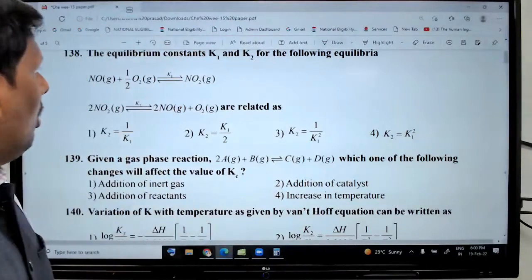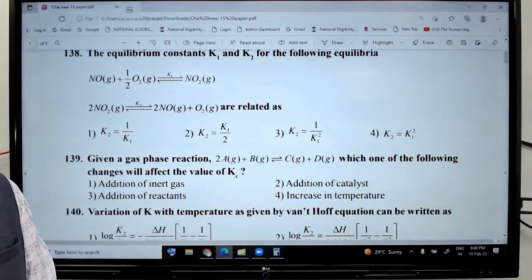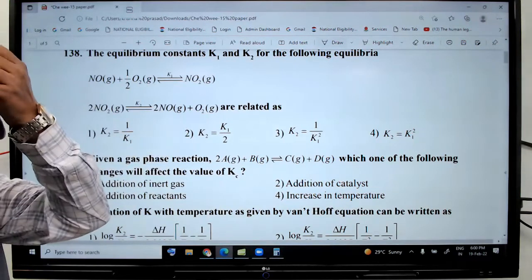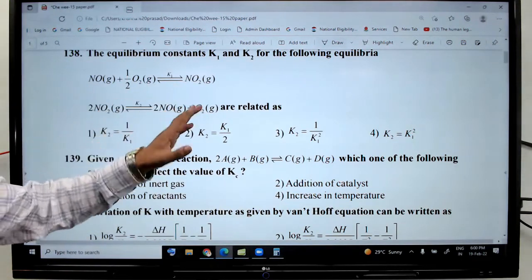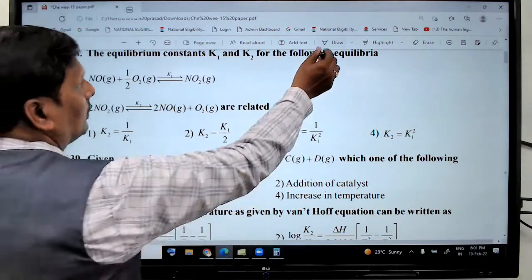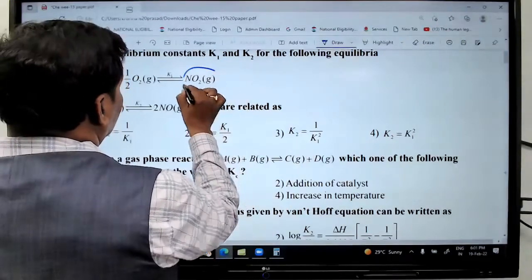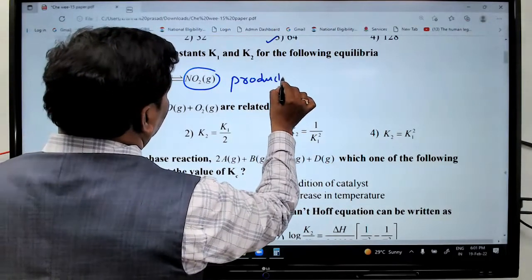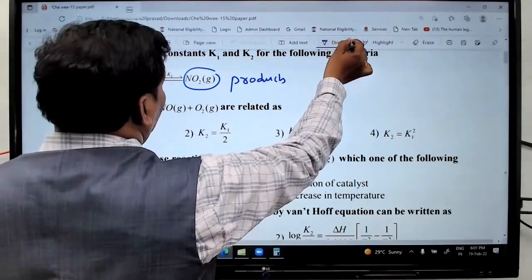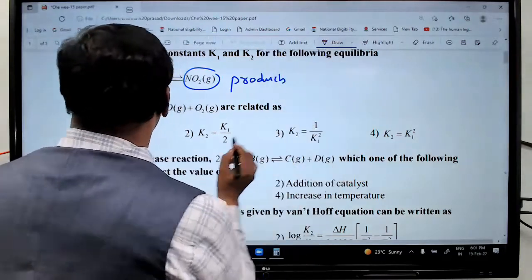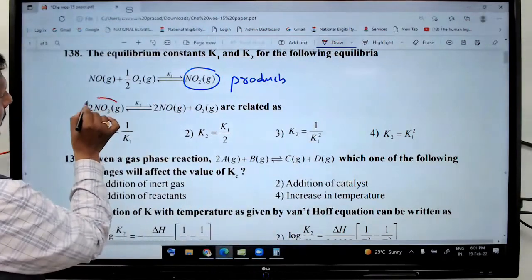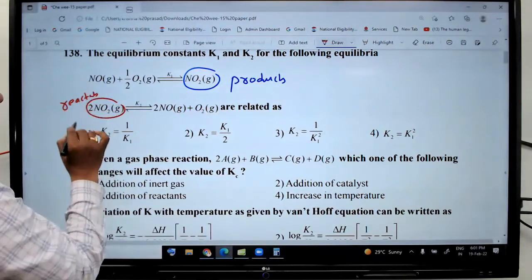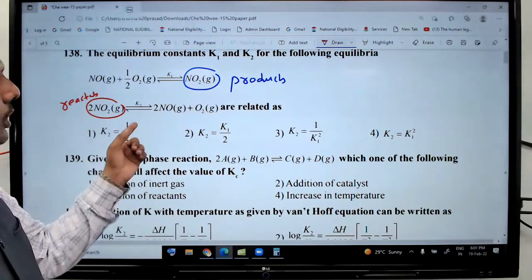Next. Question number 138. So this is our required equation. In the given equation, NO2 is in the products, whereas in our required equation, NO2 is a reactant. That too, here 1 mole of NO2, here 2 moles of NO2.